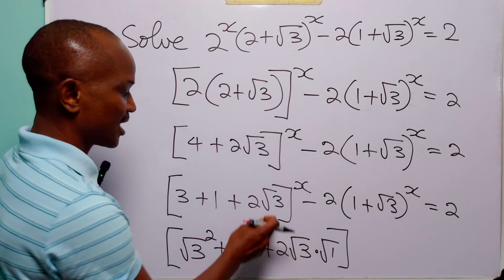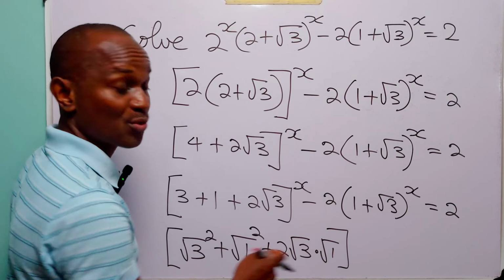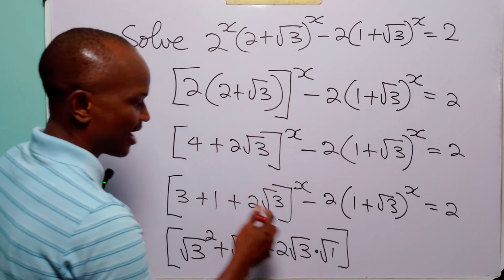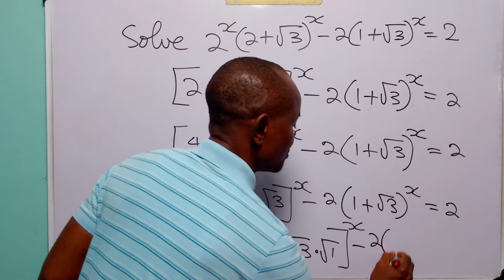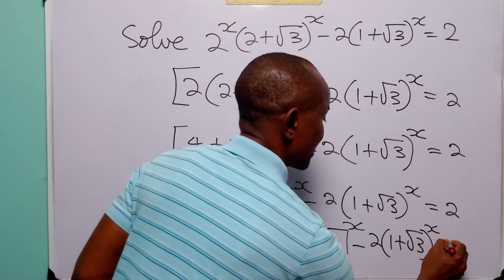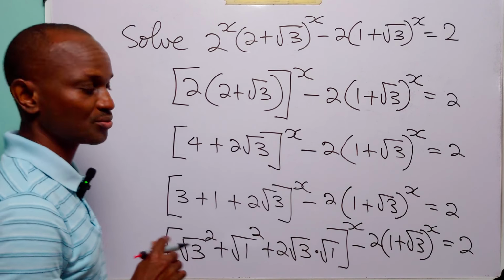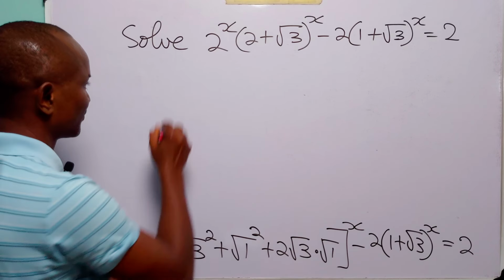Because of course you know that root 3 can be written as the square root of 3 times the square root of 1. And then everything is still raised to power x, and we have 2 into 1 plus the square root of 3 to the power x, and this is equal to 2. Now let us look at this bracket.